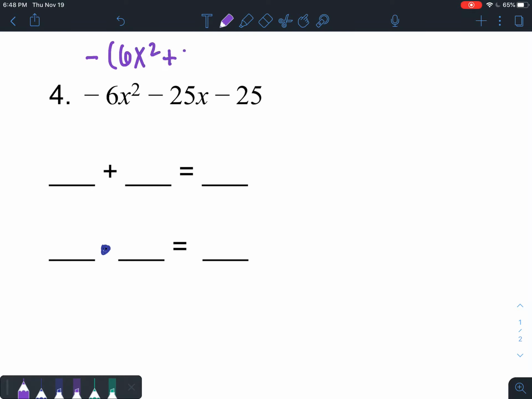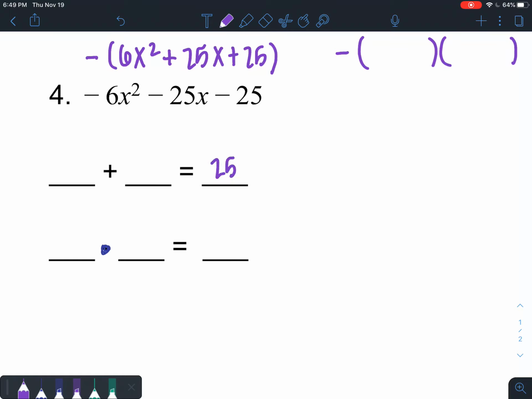So I have negative 6x squared plus 25x plus 25. I'm going to do the same thing, except I'm going to leave out my negative. I should remember when I factor in the end, I need that negative back.